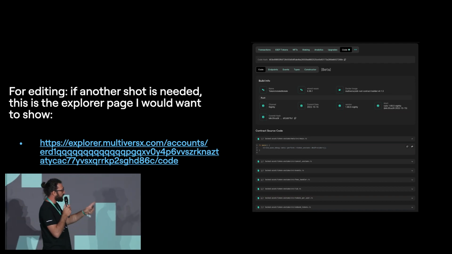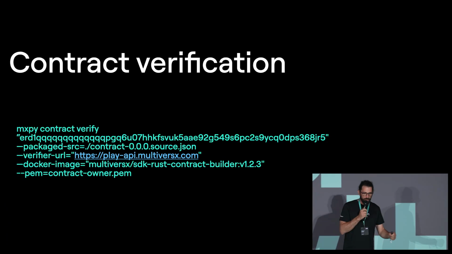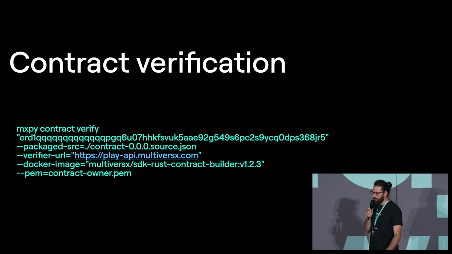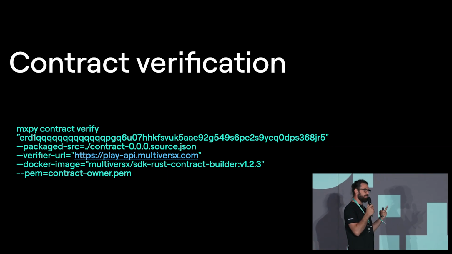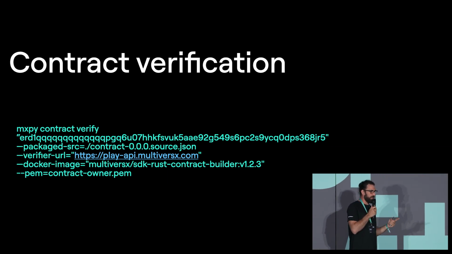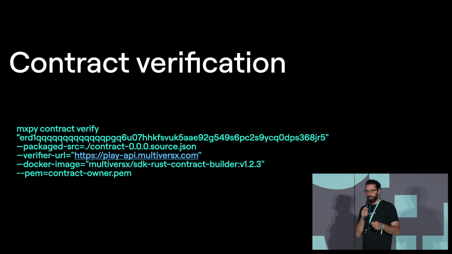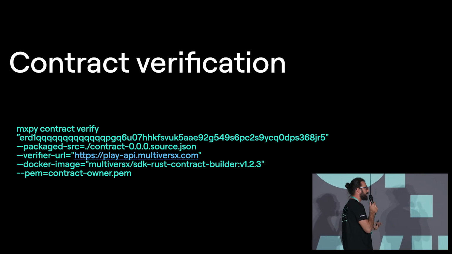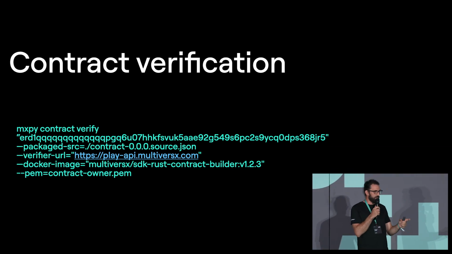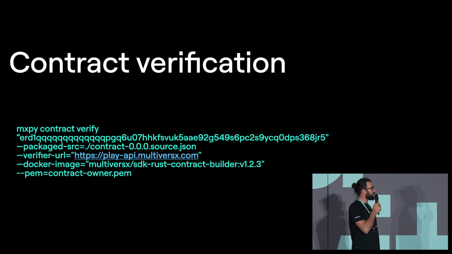So, how do we get this? I was mentioning those contract verification byproducts. Those are actually one JSON file that's produced by the Docker image for each smart contract. This JSON file incorporates the entire source code of the smart contract that you're building, along with some metadata. Then you can take this JSON file and give it to one of our Explorer services.